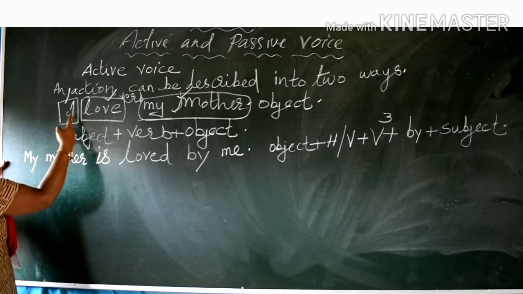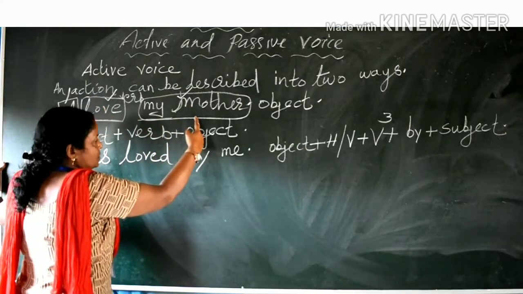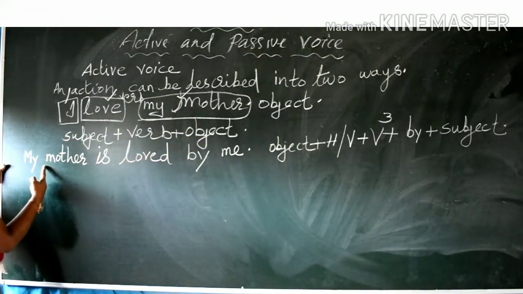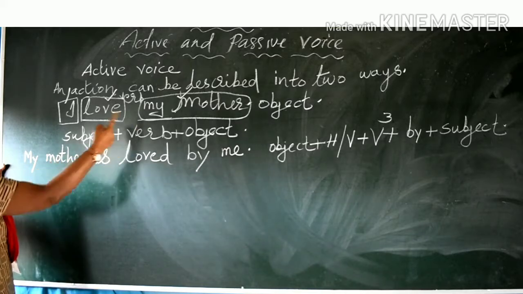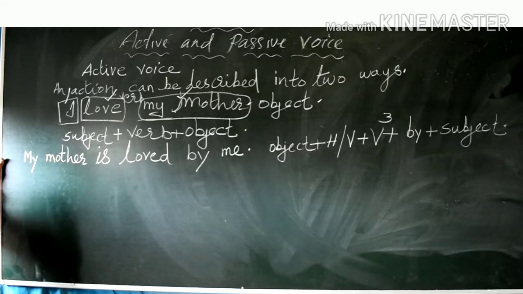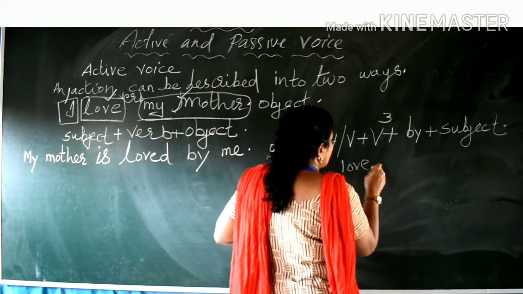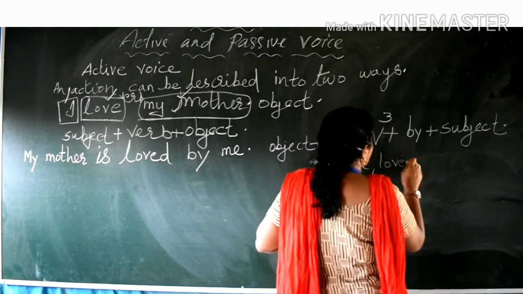Here subject is I, here verb, and my mother is object. And here it comes, object comes as subject. After that, in the present tense, love, loved, loved.